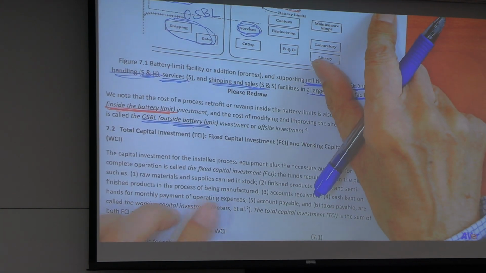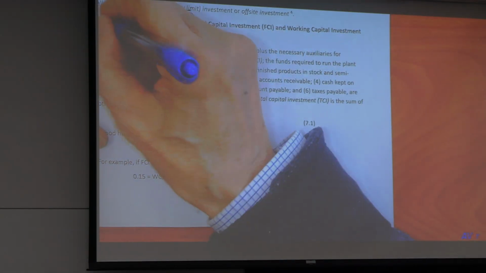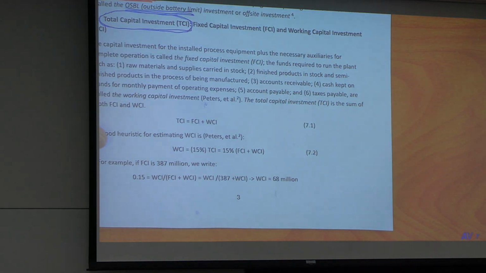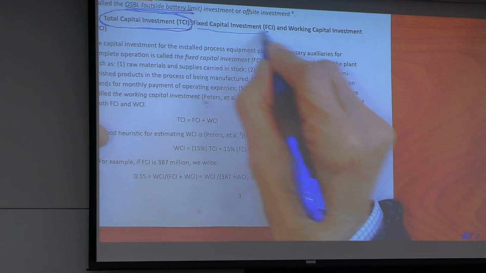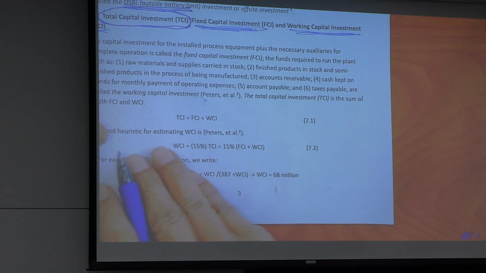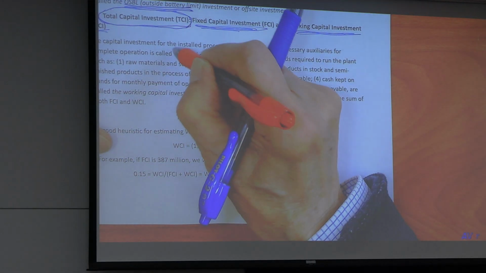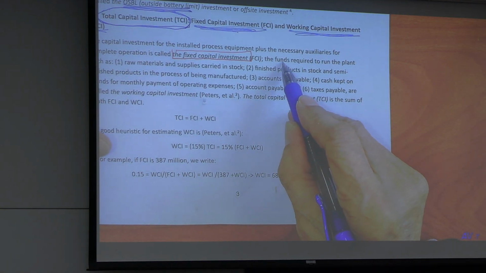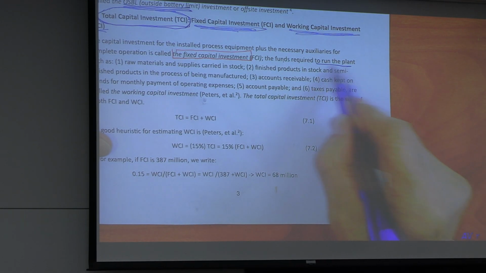Now, here's the important subject. What is total capital investment? When you divide the cash flow table in both projects, that includes fixed capital investment and working capital investment. What is WCI? The money you need to run the plant.